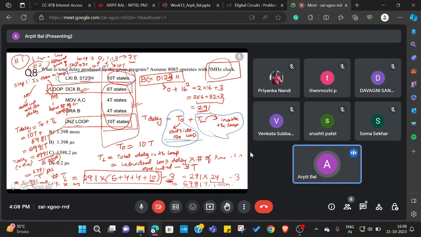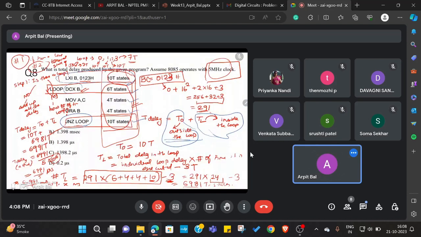Delay inside the loop, so you are given the individual delay of all the instructions, but there is a catch here in the JNZ instruction. Each time it is executing the instruction, it is 10T, but for the last iteration it is 7T. Okay, then you see how many times this instruction is being executed.